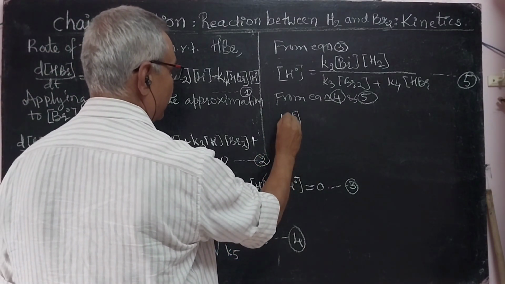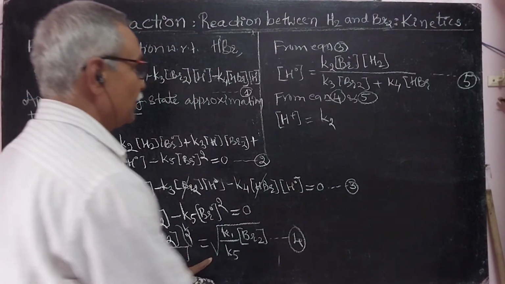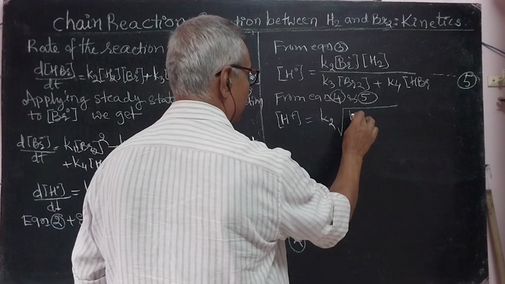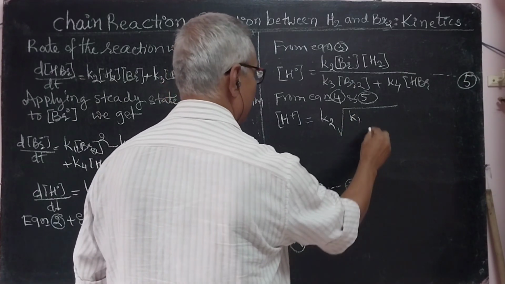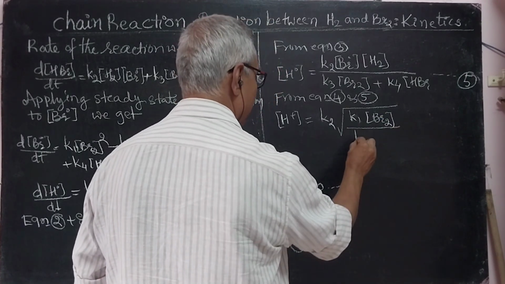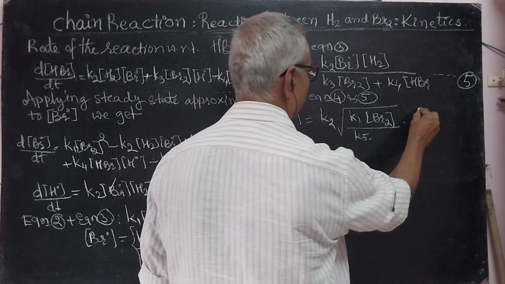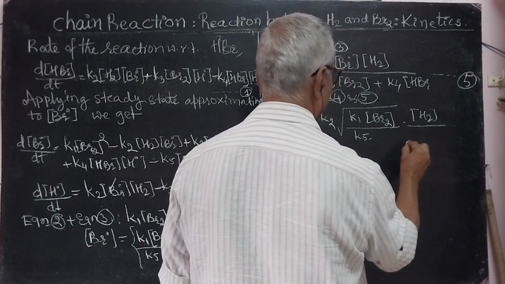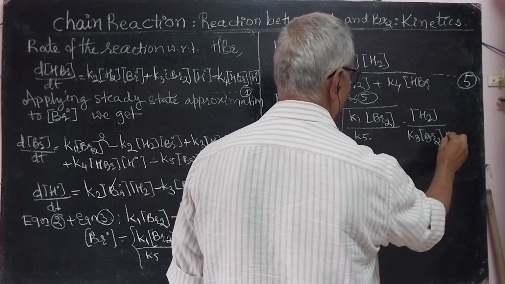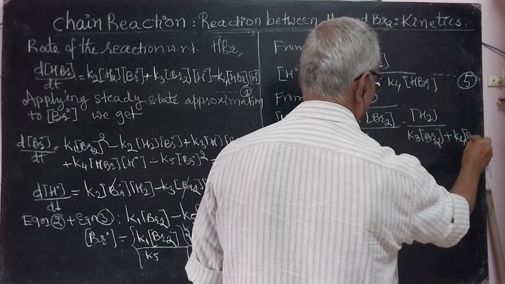Then you are going to get H dot is equal to K2 as it is, then the square root of K1 into Br2 divided by K5, then H2 divided by K3 Br2 plus K4 HBr.